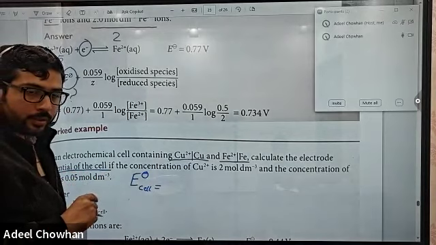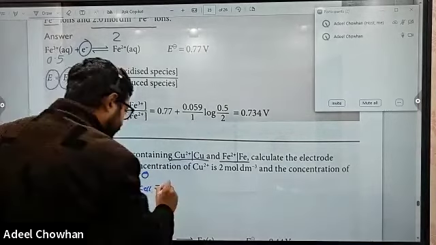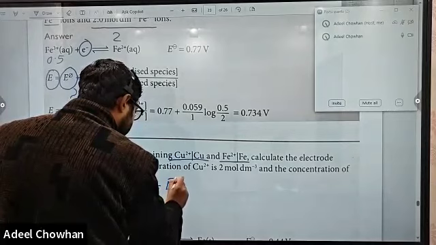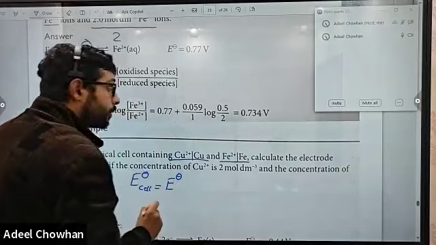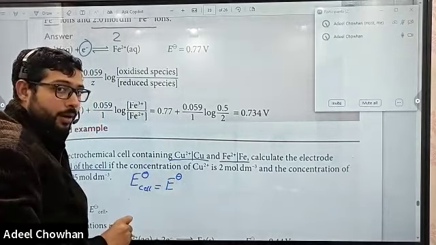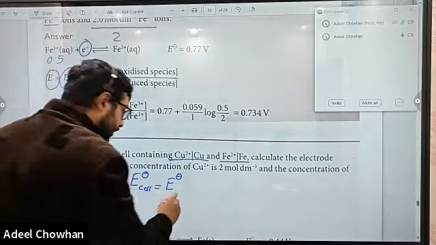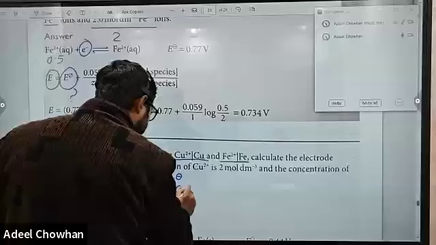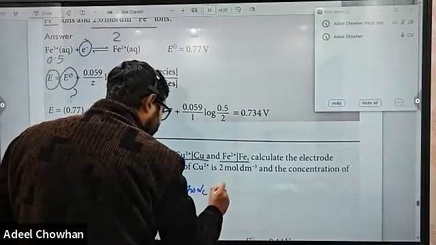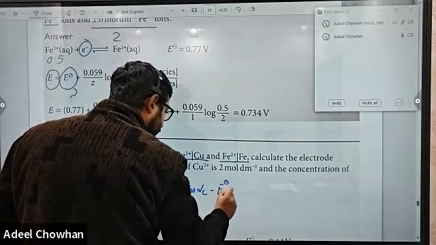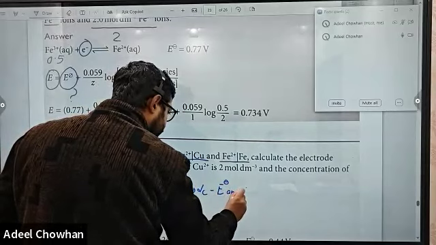What's that formula? E naught of cathode minus, yes, cathode minus anode. E naught of the cathode minus E naught of the anode.